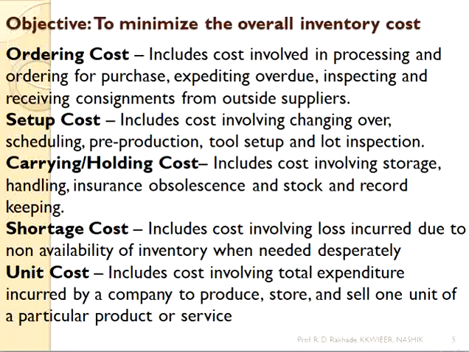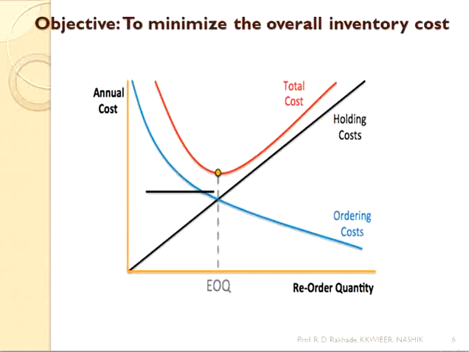Shortage cost includes the loss incurred due to non-availability of inventory when needed. Unit cost is the total expenditure incurred by the company to produce, store and sell one unit of a particular product or service. Now this is a graphical representation of overall inventory cost.